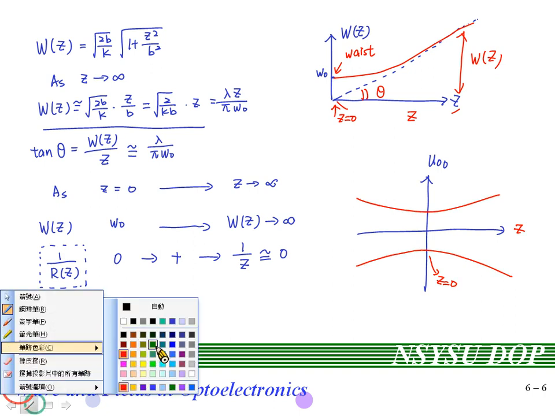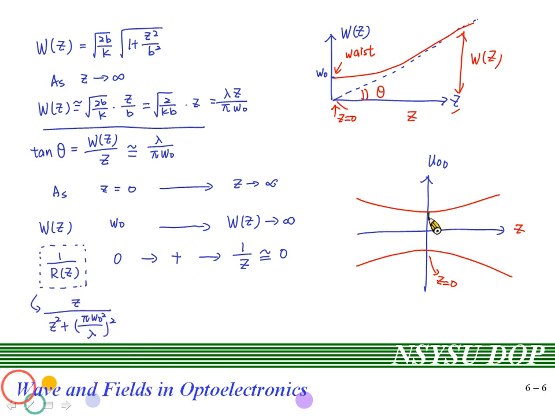As for the phase front, initially the phase front curvature is 0. But as we increase the value of z, the phase front curvature will increase. But then it will go to 0 again because it will become a plane wave.